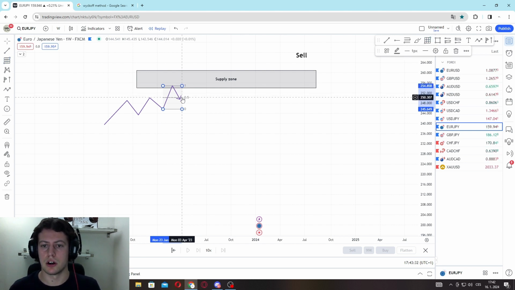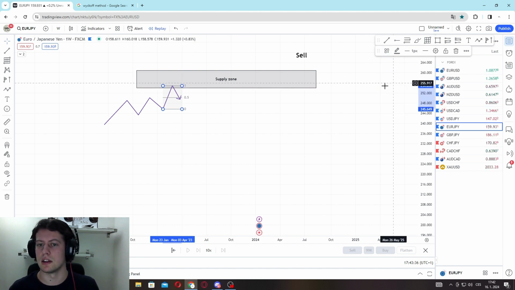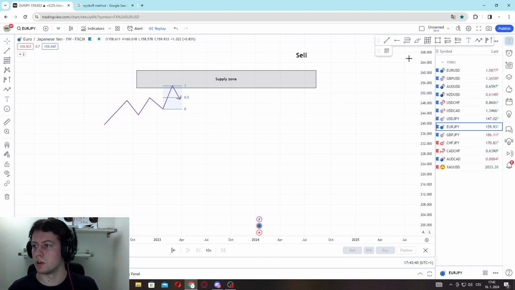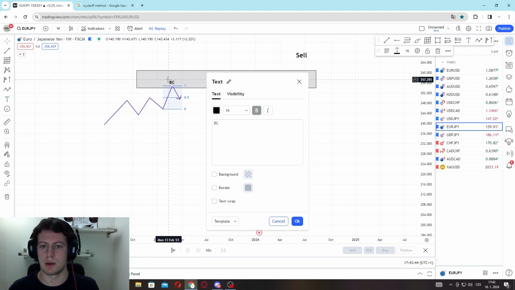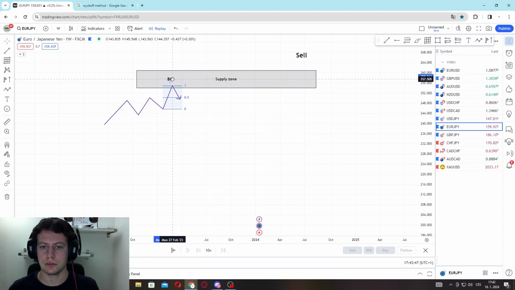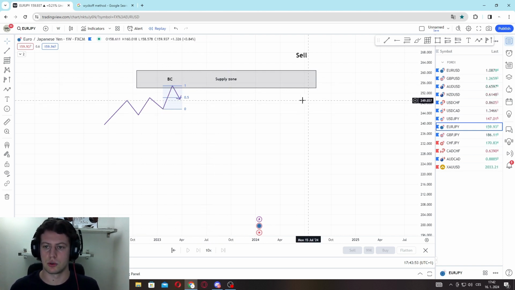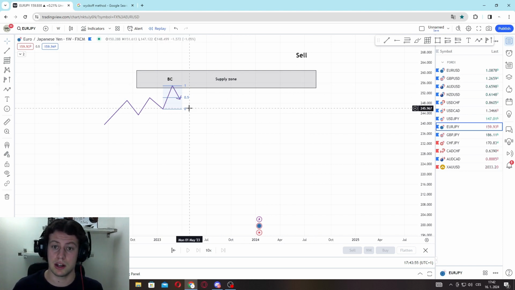So I draw the Gann box, and I have BC, SC. It's buying climax and selling climax. This is the buying climax, because we are in an uptrend and we are still buying, and we go to the supply zone, later we will sell. So this is the buying climax.